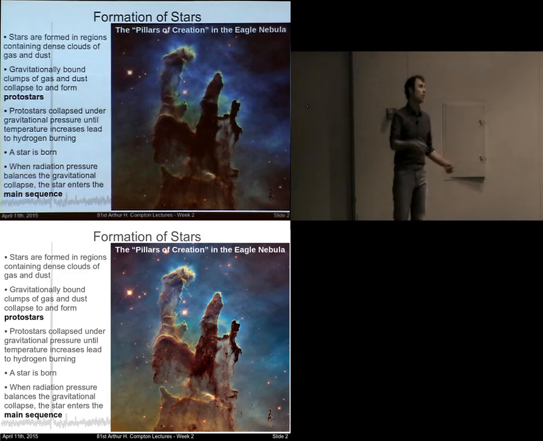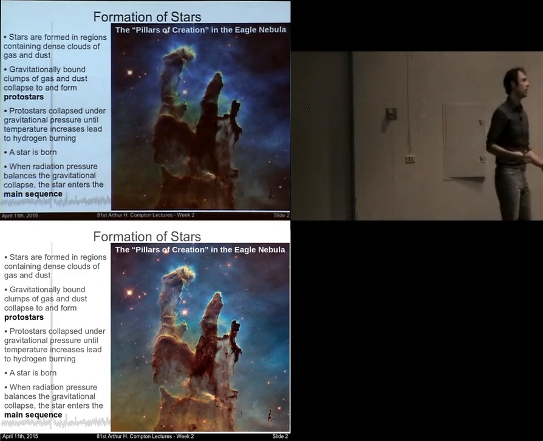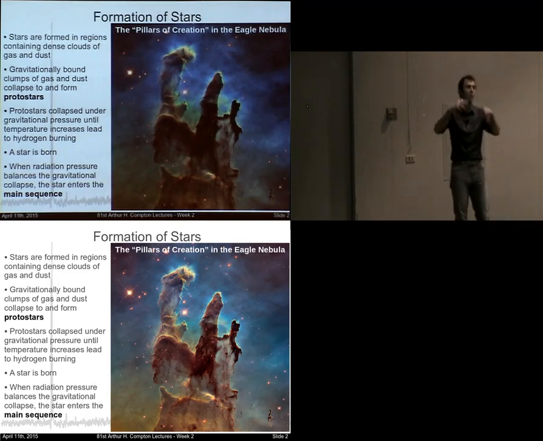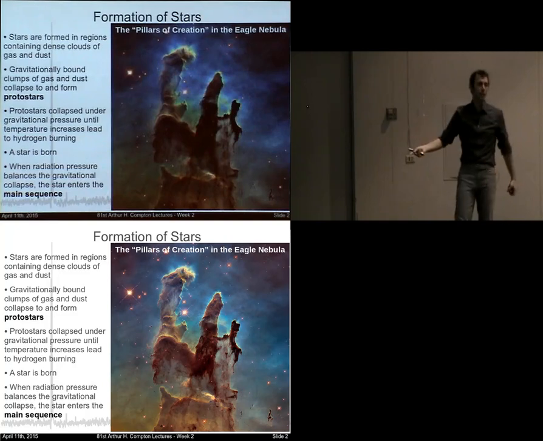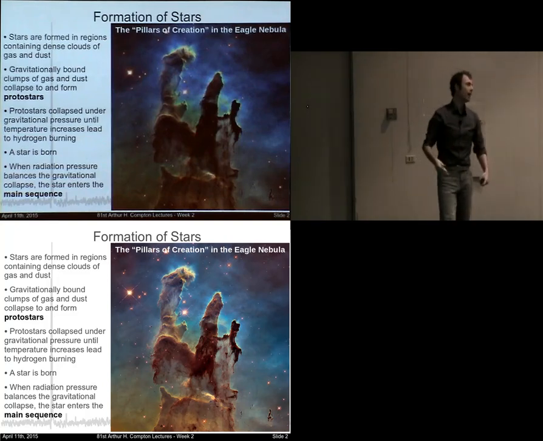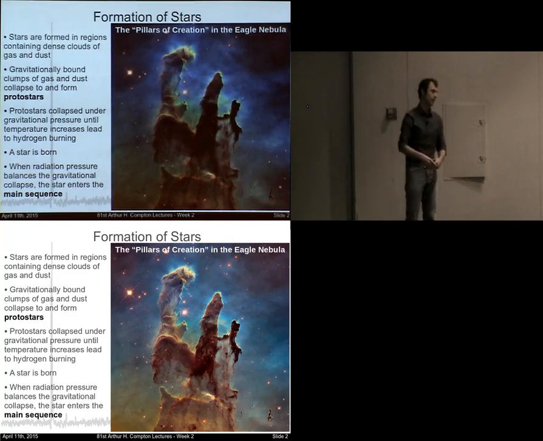A 10 times more massive star will just burn through its fuel much faster. So if you look at a dense clump of gas which is forming stars now, but look at it at a much later period in time, what you'll find is that all the massive stars are gone. They have all burned up and died.